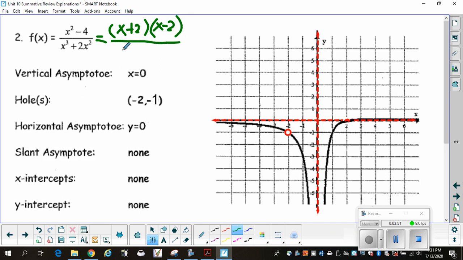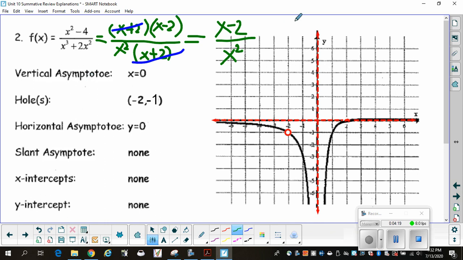And then in the denominator, it's a greatest common factor, so you're going to take the x squared out and that leaves you with x plus 2. Now, you can notice that the x plus 2's will cancel. So now you've simplified this expression so that it's x minus 2 over x squared.